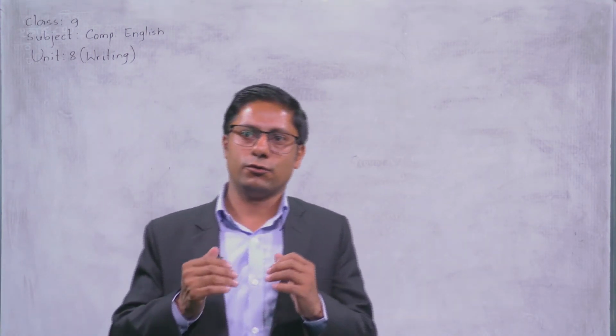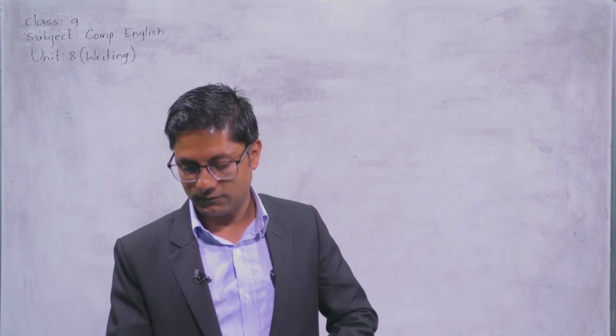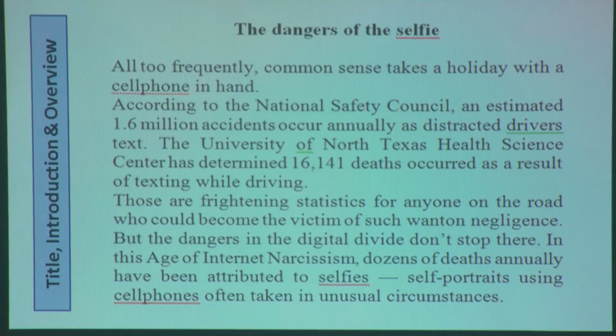Now I am going to present you a sample of this here. See on the screen. See, title, introduction, and overview. These three things are presented here. The Dangers of the Selfie is the title here.